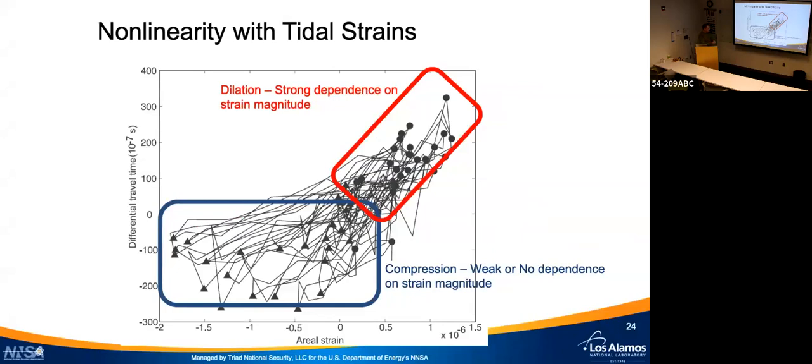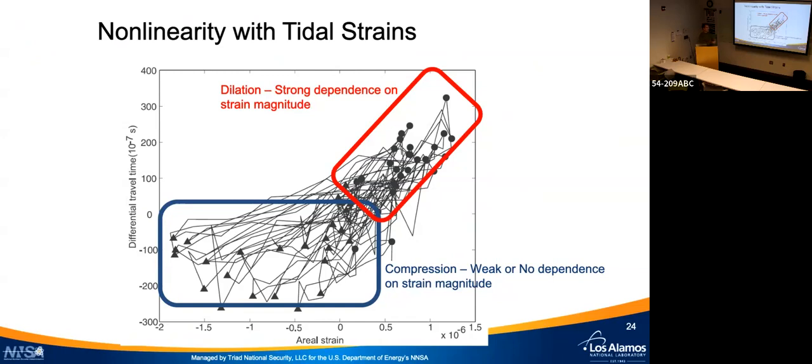And this is what it looks like in terms of the differential travel time, which is here, from the peak to the trough, and then this is the areal strain. On the right-hand side, which is when it's extended, there's something that looks like a linear relationship between the travel time, as a proxy of the modulus, and the strain.